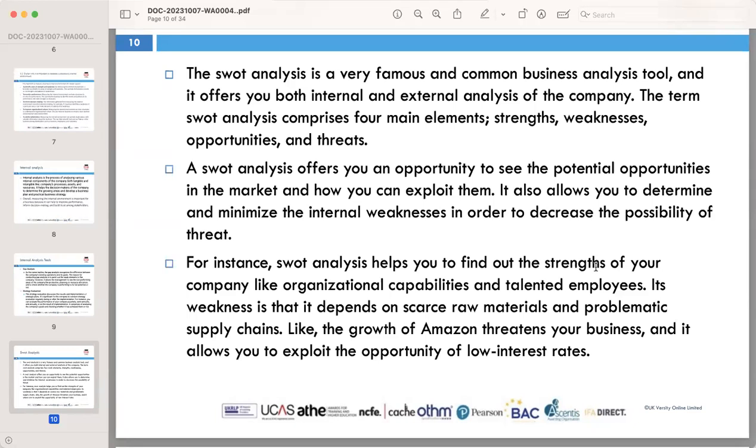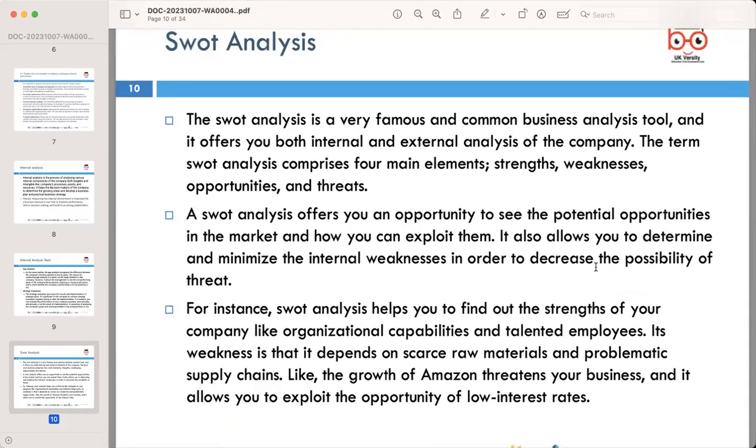Then the second one is weaknesses. These are internal areas where your company lags, like dependency on scarce raw materials and a problematic supply chain.